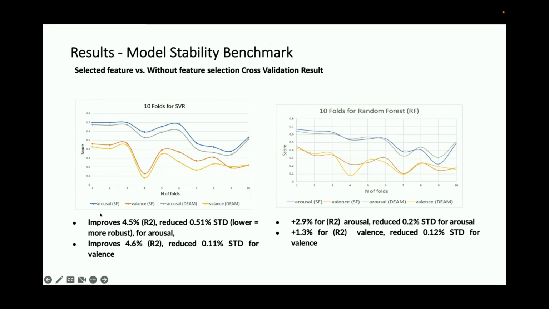The SVR model has improved about 4.2 and reduced by 0.51 in standard deviation on arousal, and for valence, it has also improved about 4.6 and reduced about 0.11 in standard deviation. The same story applies to the random forest models. It has improved about 2.9 for arousal and 1.3 for valence.